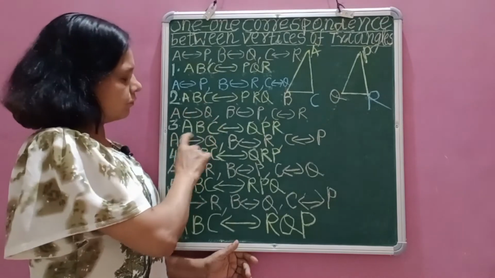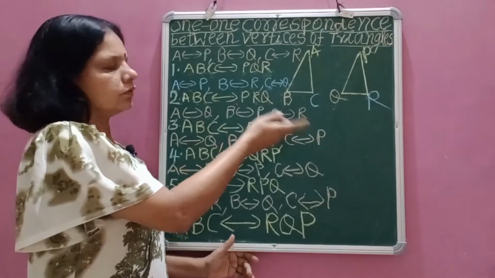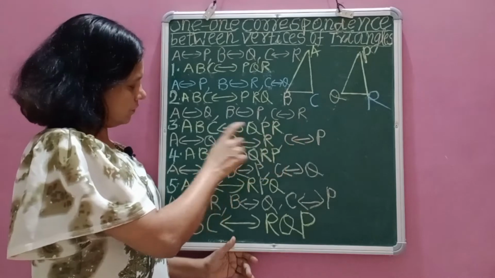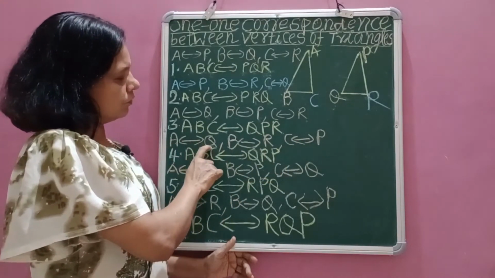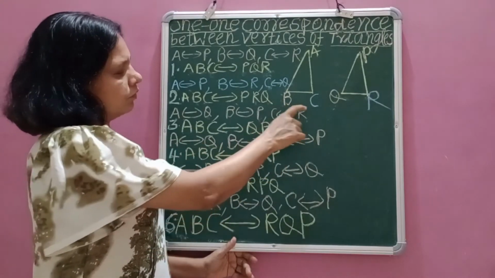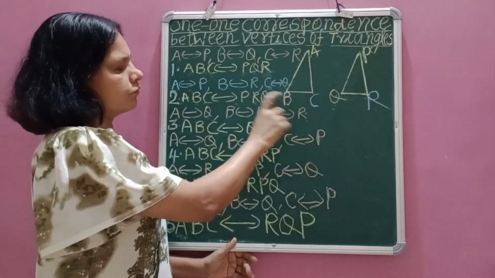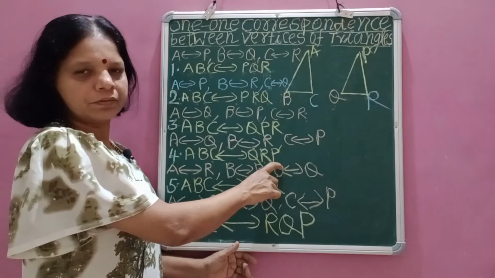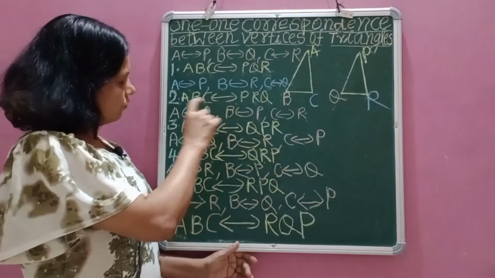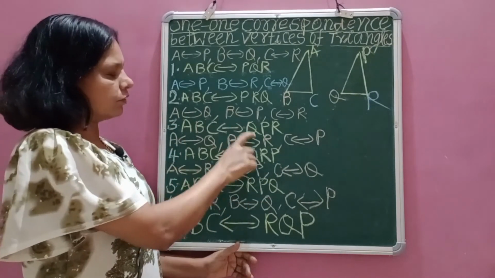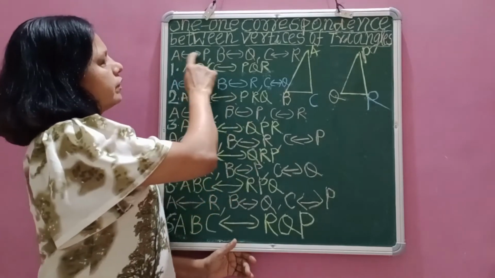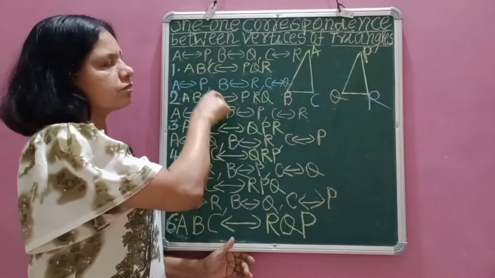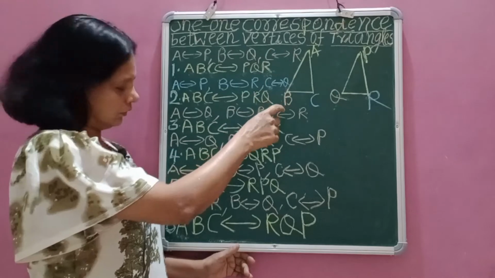Now A corresponds to Q only, the other two vertices interchanged: A corresponds to Q, B corresponds to R, and C corresponds to P. Altogether ABC corresponds to QRP. So with A corresponds to Q, there are two choices, just as with A corresponds to P, there are two choices by interchanging the other two vertices.